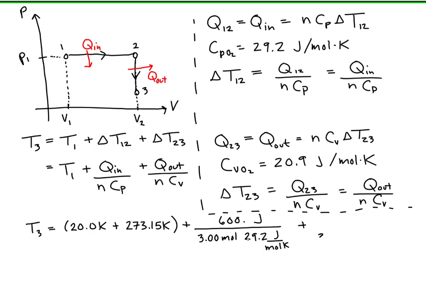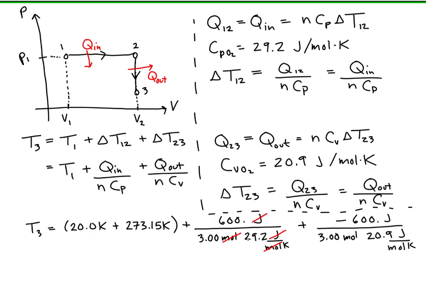We then add the heat removed from the system term, which is 3 moles of oxygen gas at 20.9 joules per mole Kelvin for the specific heat at constant volume, under 600 joules of heat removed from the system.